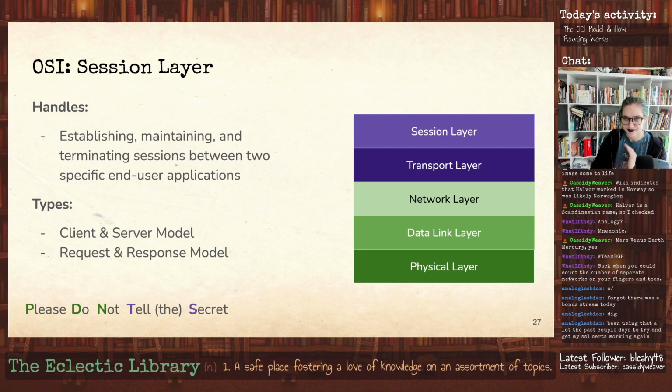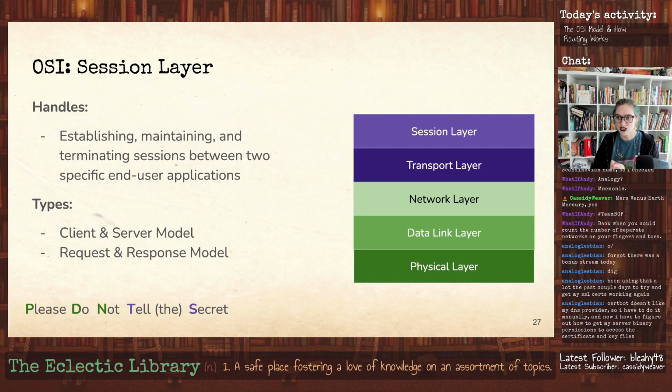The session layer handles establishing, maintaining, and terminating sessions between two specific end user applications. So at the session layer, you've totally lost the idea that signal might drop sometimes, or that packets might be lost.